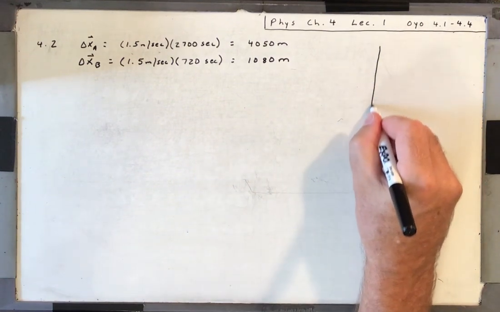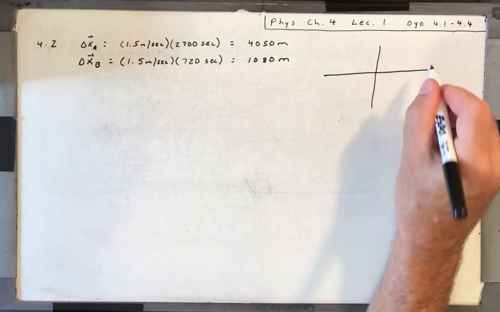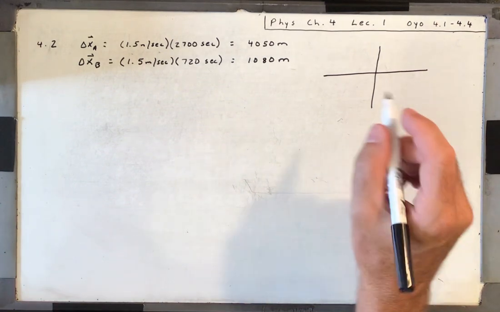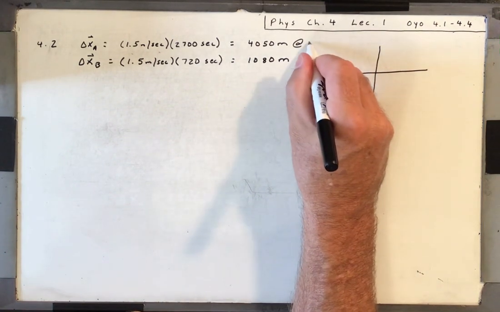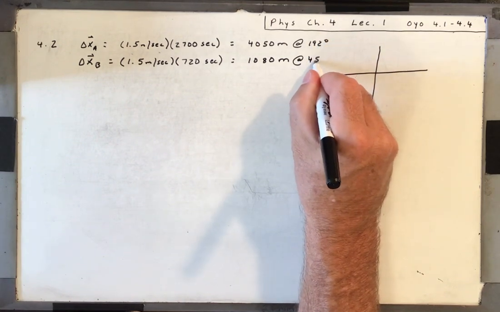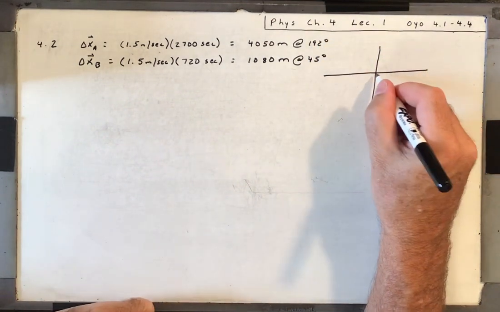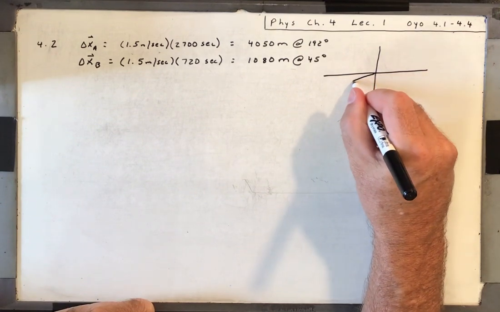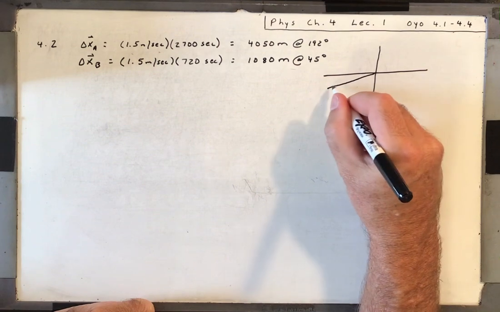Now I'll go ahead and draw a quick graph. Your angles here are 192 and 45. The 192 is 12 degrees below the negative x-axis, so about like that. It's the longer part.